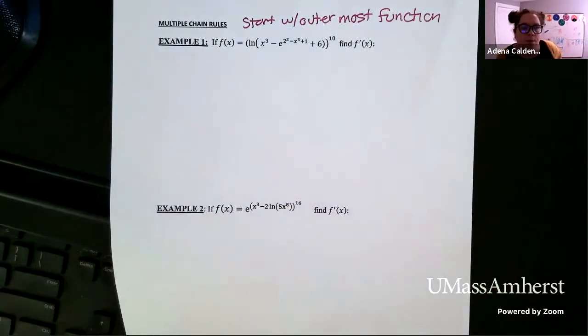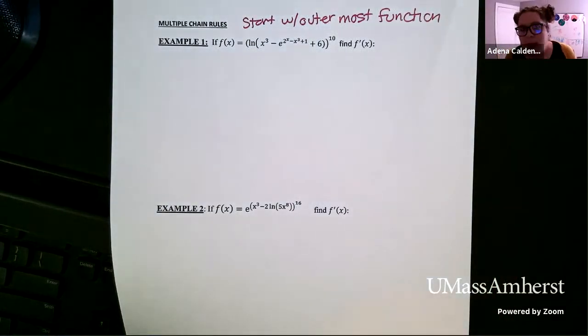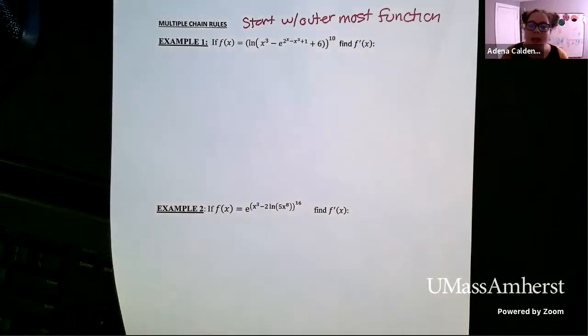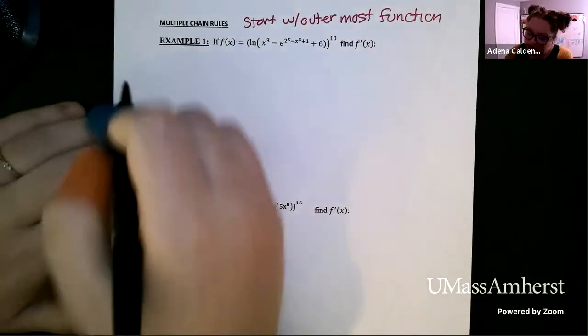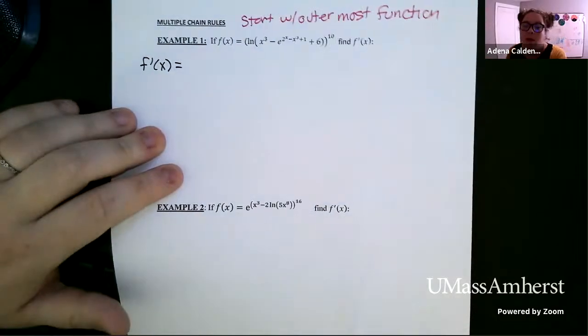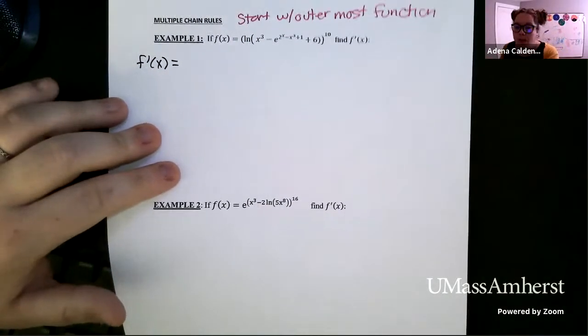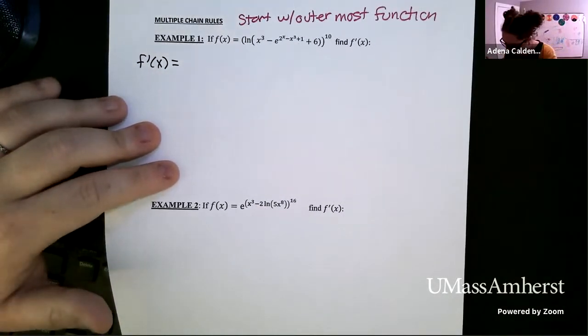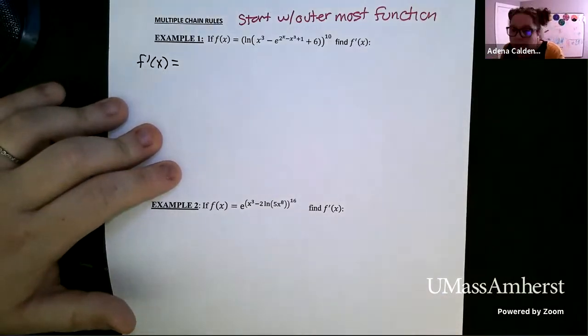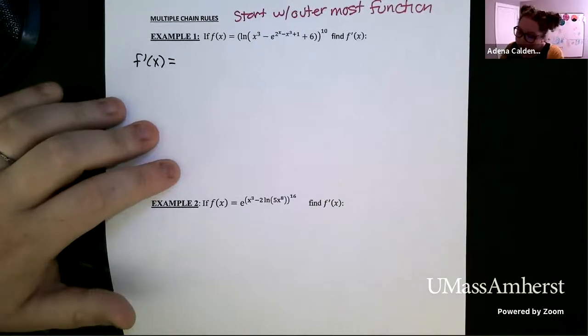And we said, okay, well, if the variables are in the base and it's raised to a numerical power like 10, then we have the power rule. So we're starting our derivative here with a power rule because this 10 power is the outermost function. And you can do this with a z substitution. I'm going to just talk through it using the sort of conceptual understanding, but either way, you will get the same solution here.